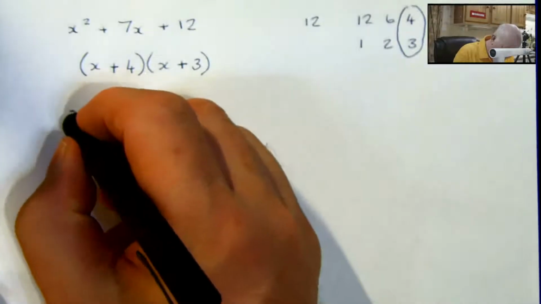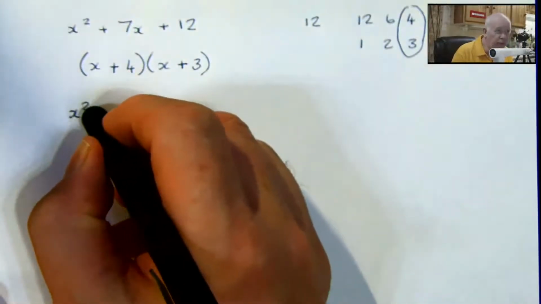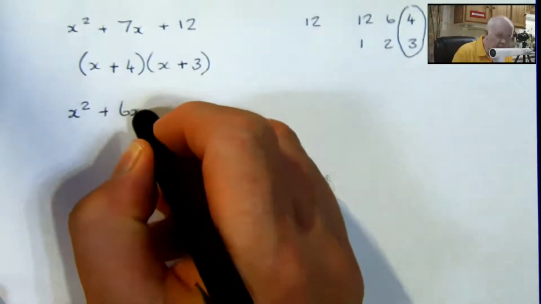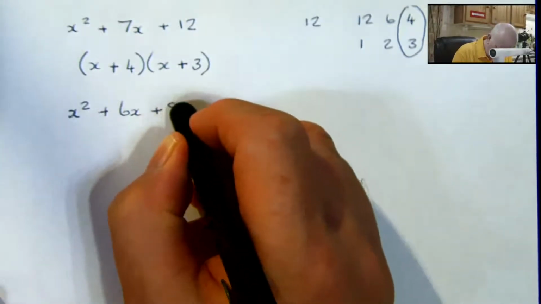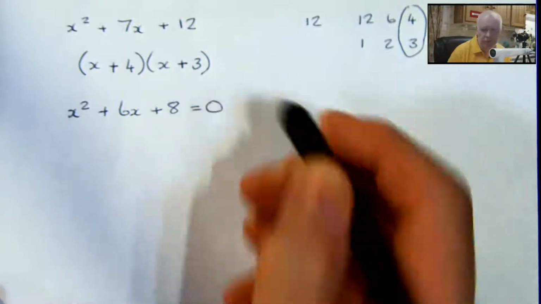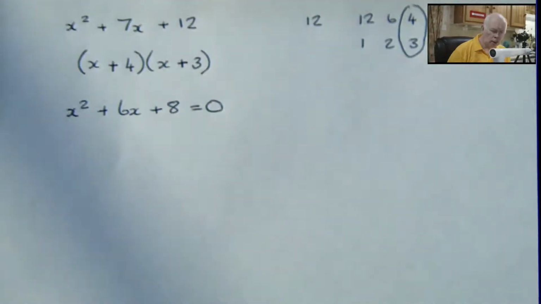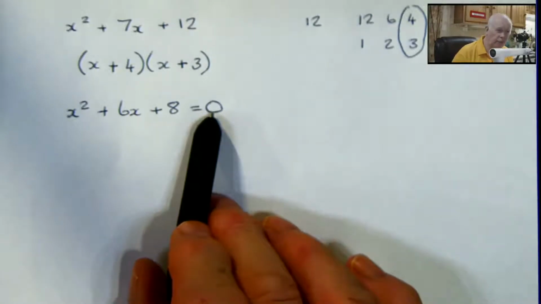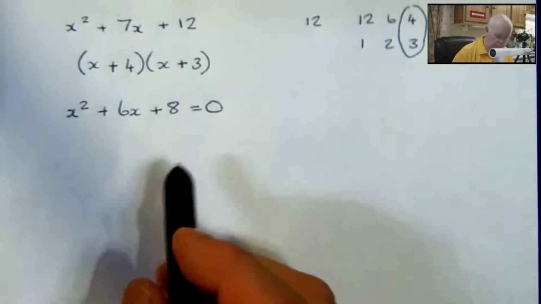This time I'm going to write it out slightly differently because we're going to have our x squared plus 6x plus 8, and this time it's going to equal 0. This time we know we've actually got to solve the quadratic equation.